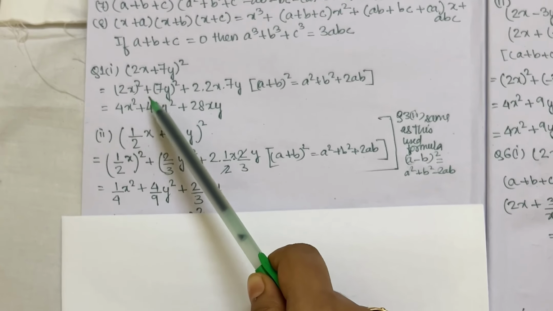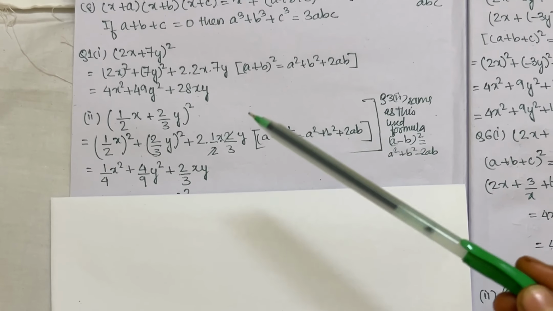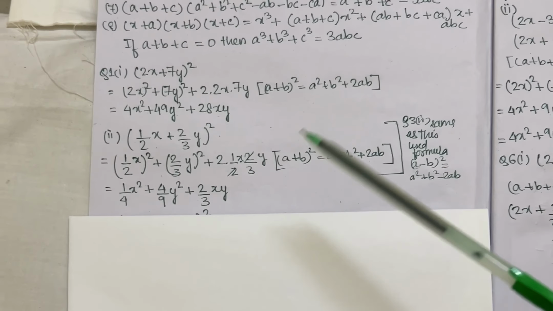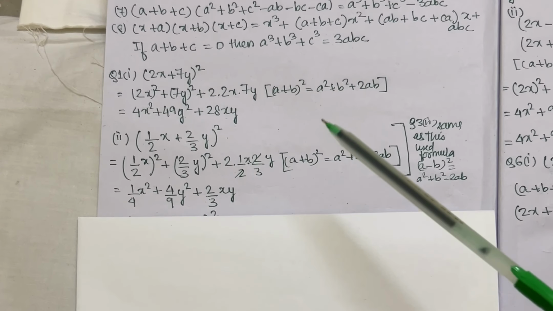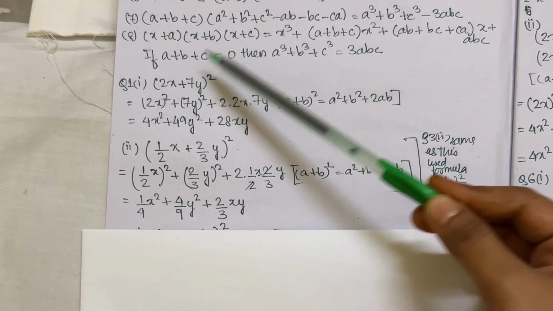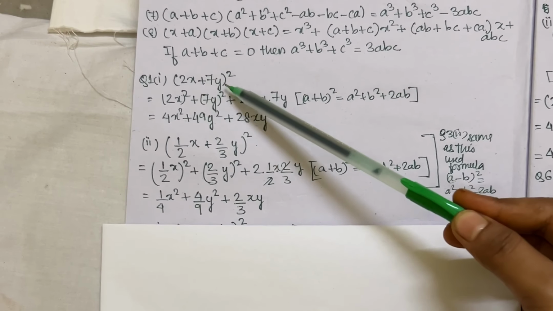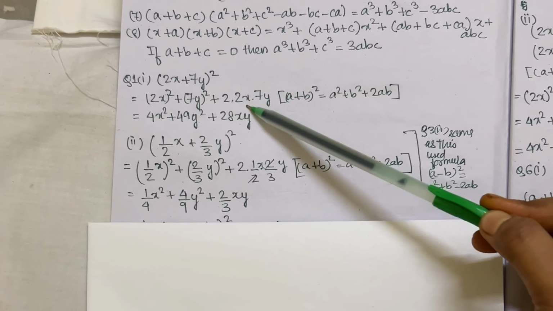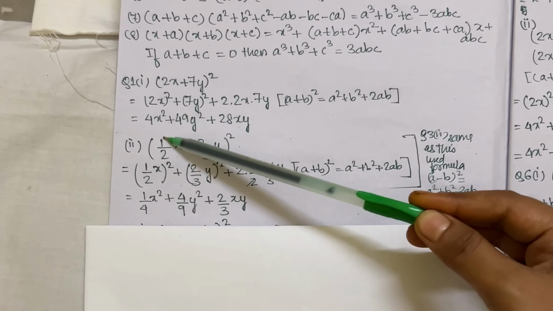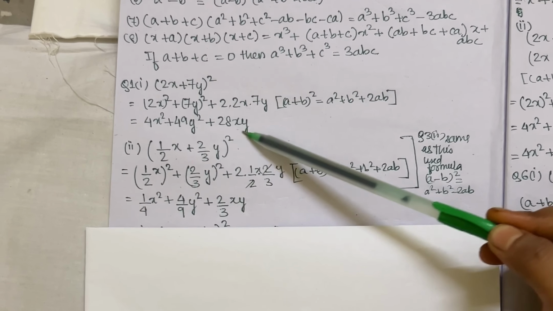First sum tells (2x plus 7y) whole square. So see, this formula is similar to (a plus b) whole square. So we are just putting the values in the formula, that is a square plus b square plus 2ab, that is 4x square plus 49y square plus 28xy.